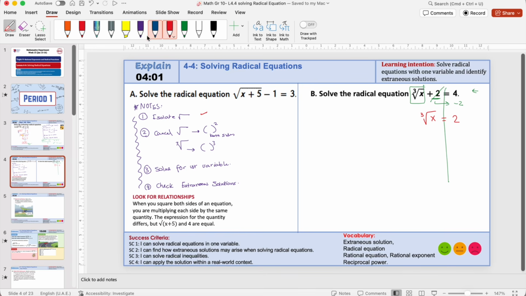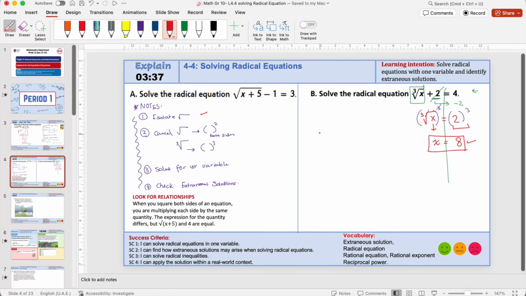How do you cancel it? Just take the same degree as a power on both sides. This power will cancel out the root. You're going to end up with whatever was inside the root, which is only x, equals 2 cubed, which is 8. That's it. So we found the solution. There's no need to do the last step, which is solving.